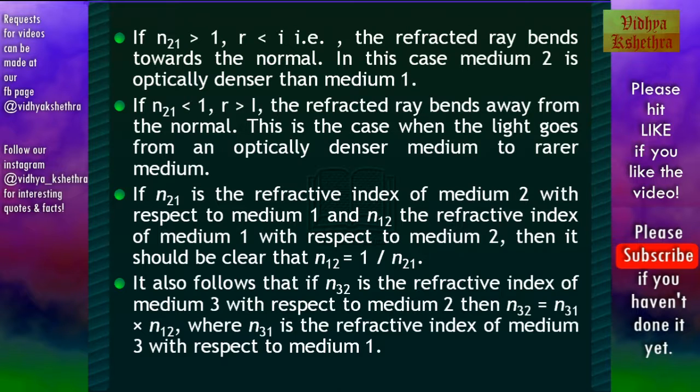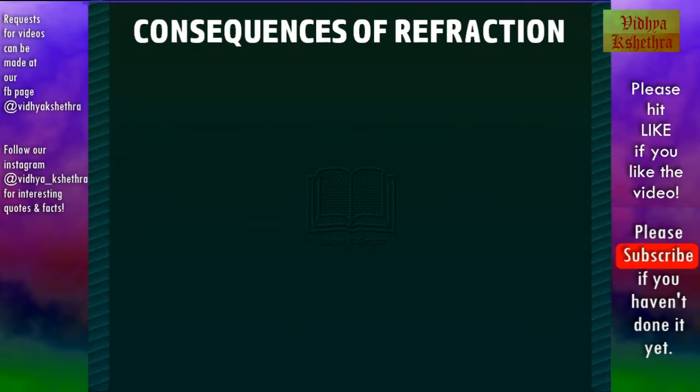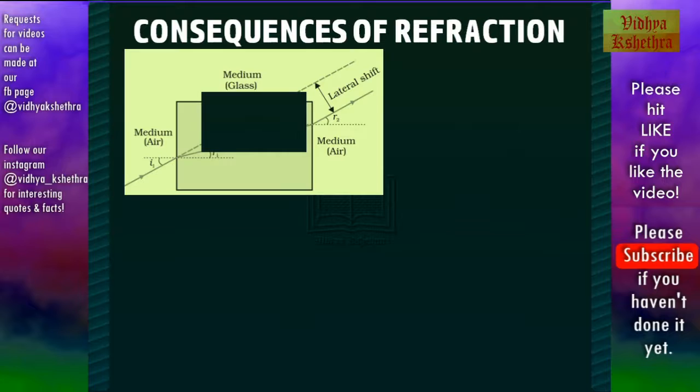It also follows that if n32 is the refractive index of medium 3 with respect to medium 2, then n32 is equal to the product of n31 into n12, where n31 is the refractive index of medium 3 with respect to medium 1. Now we can see some consequences of refraction.